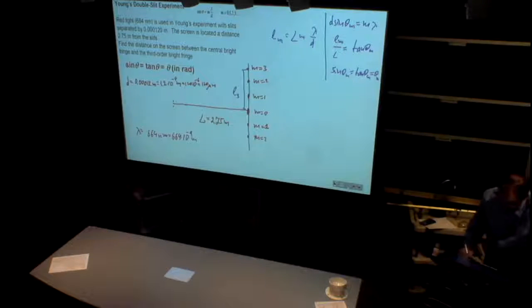So all we have to do now is just use this expression for the third maximum, times 3, times, well, okay, if we use meters, that's it.